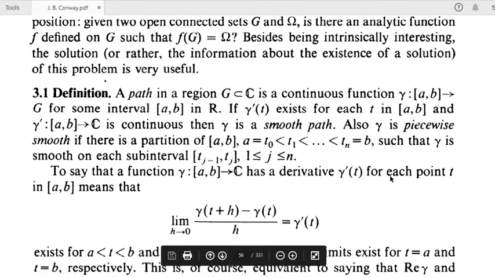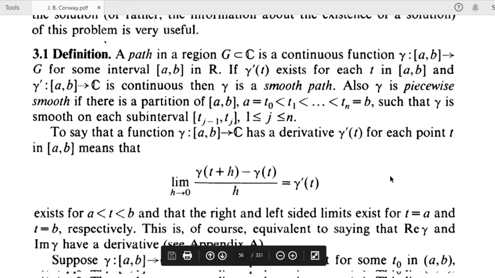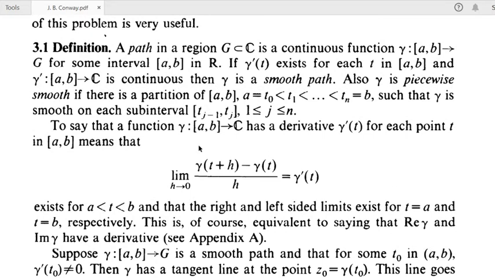The next term we come across is when a path gamma from the closed interval [a, b] to C has a derivative gamma dash of t. What does it mean?